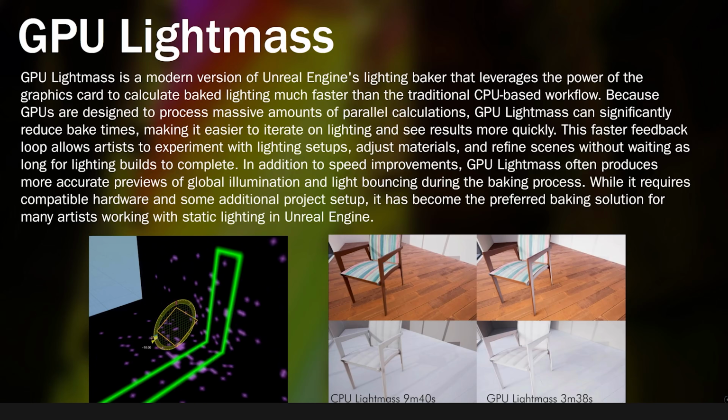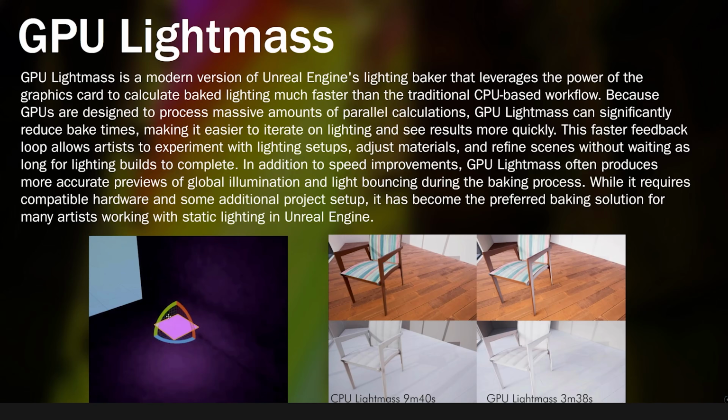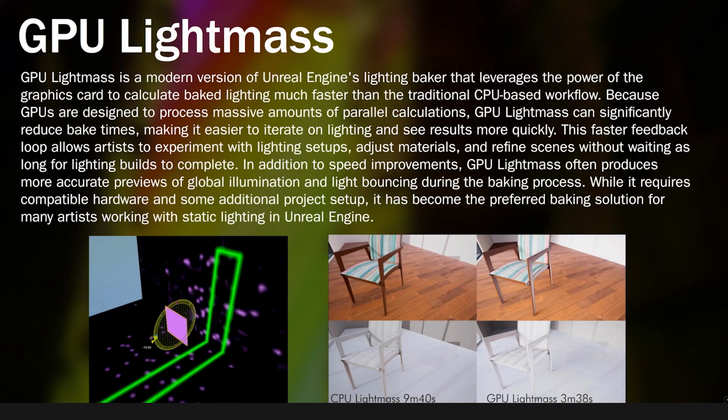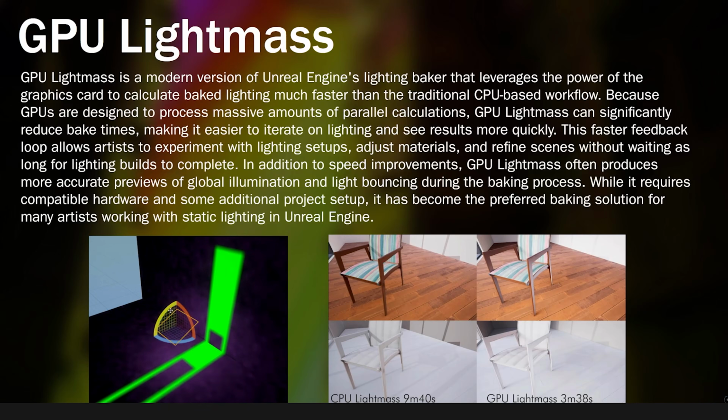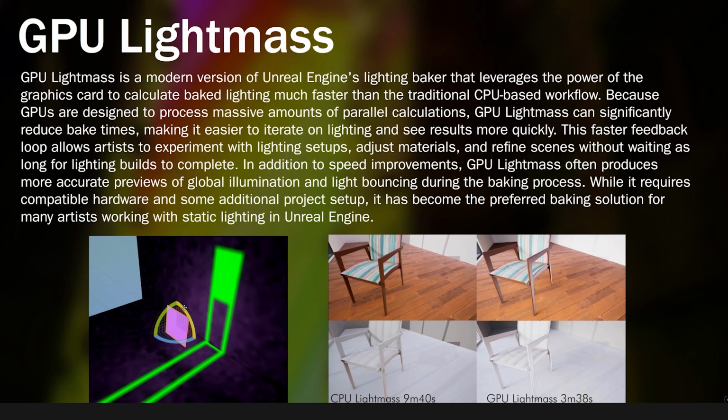The downside is that it's not going to be as accurate, because it's taking less time to calculate. It's not going to be as refined. So you can see here, this small scene is taking almost 10 minutes to render, but when you look at the GPU Lightmass calculating it, it's about half that.